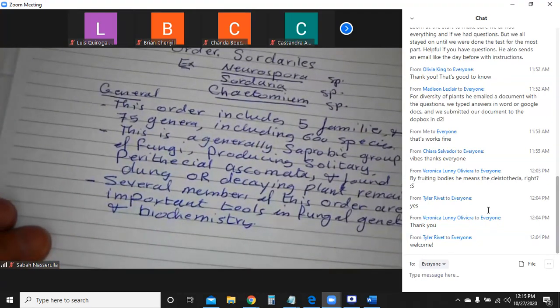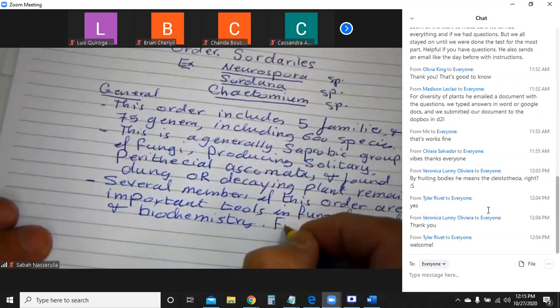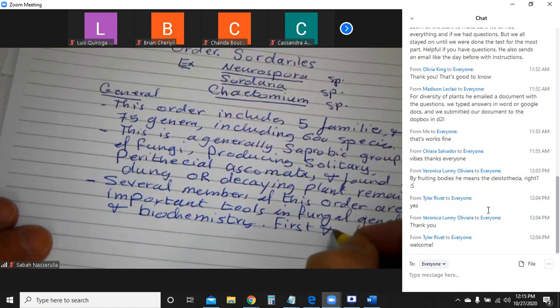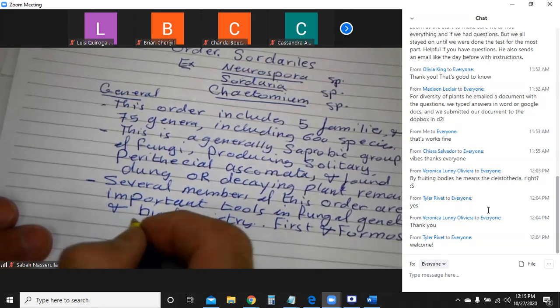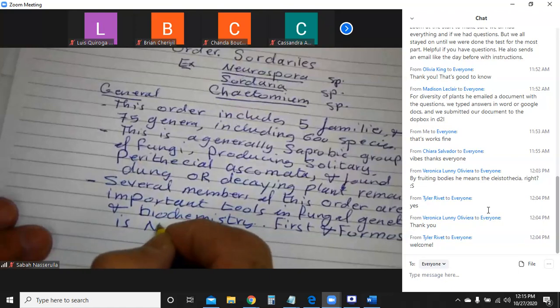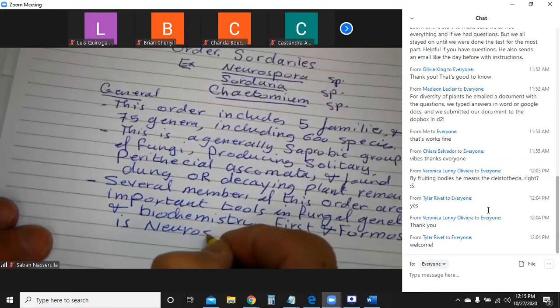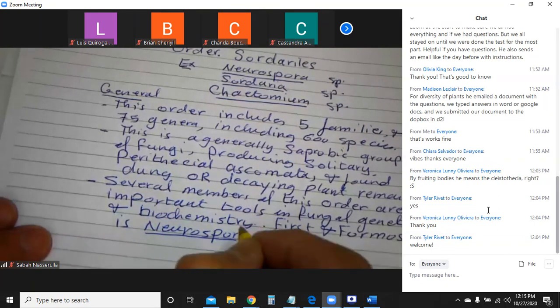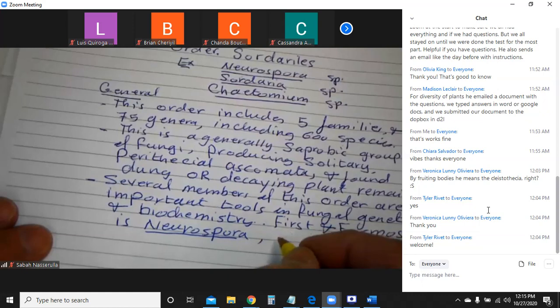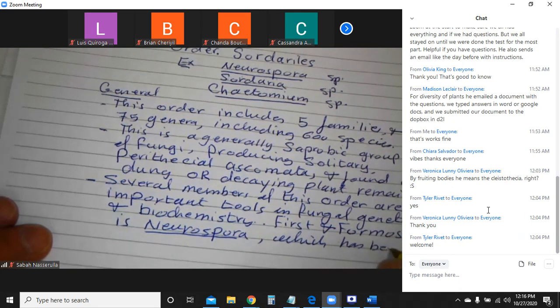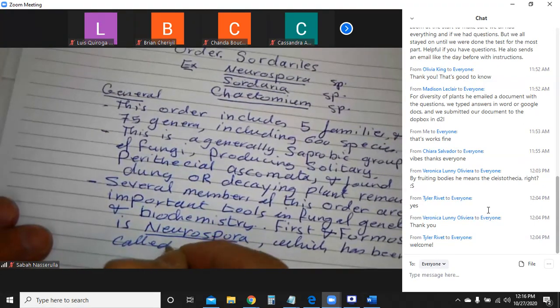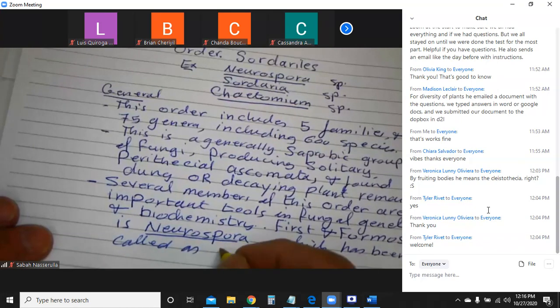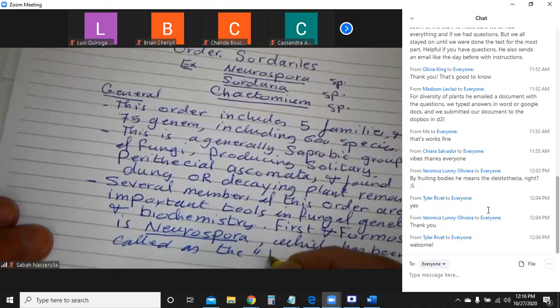To mention this point, first and foremost is Neurospora, which has been called the Drosophila of the fungi.